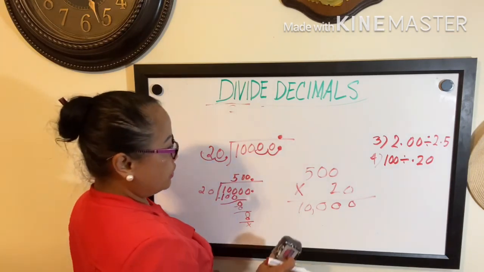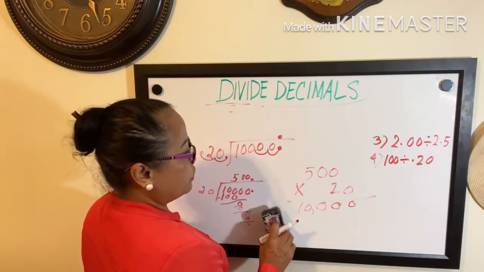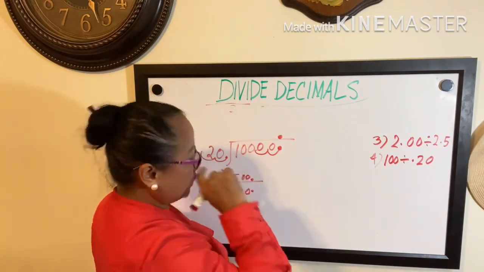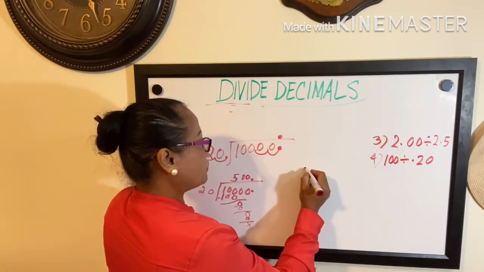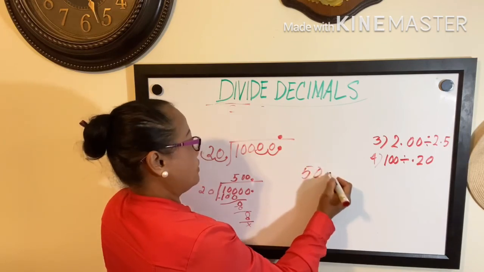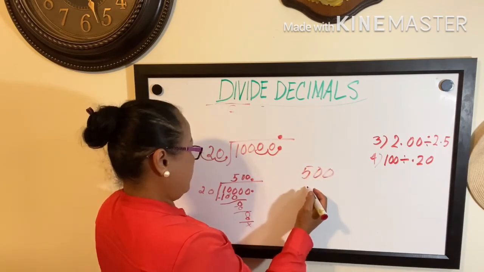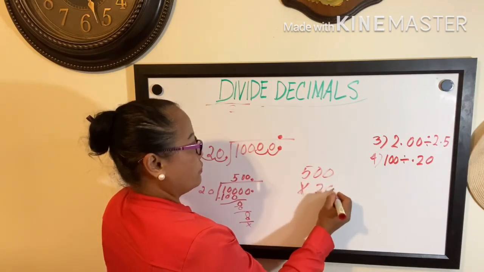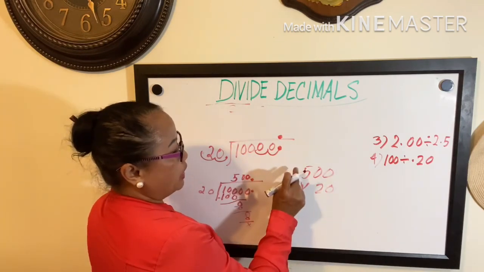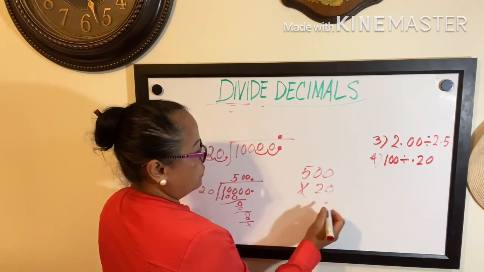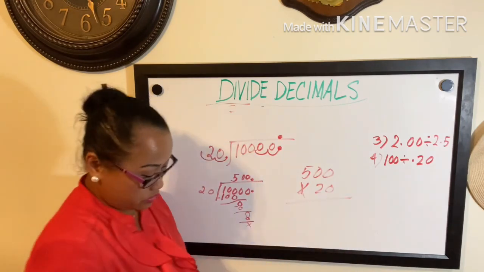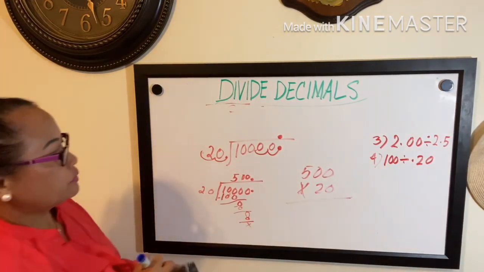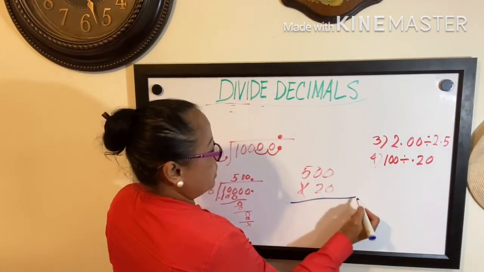Or we can just simply, in multiplying, if it is all zeros, like what we did, 500 times 20, you'll just multiply 5 and 2. So 5 times 2 is 10.